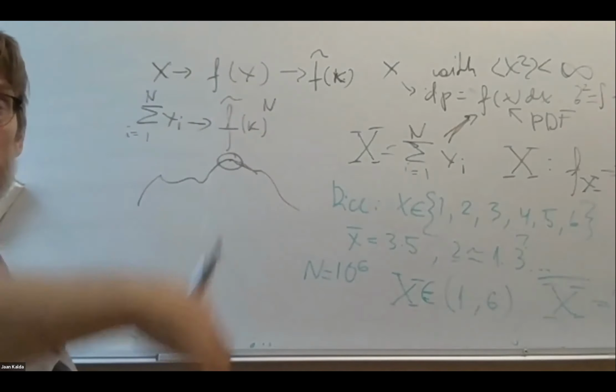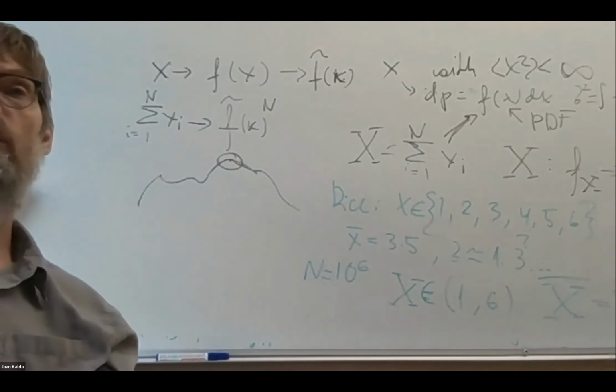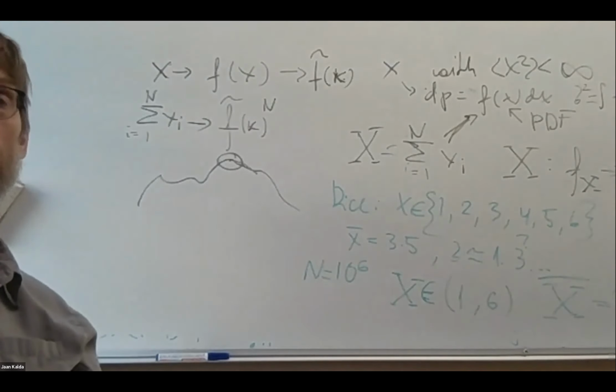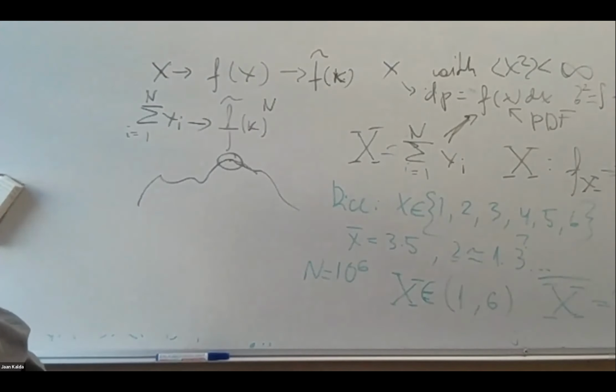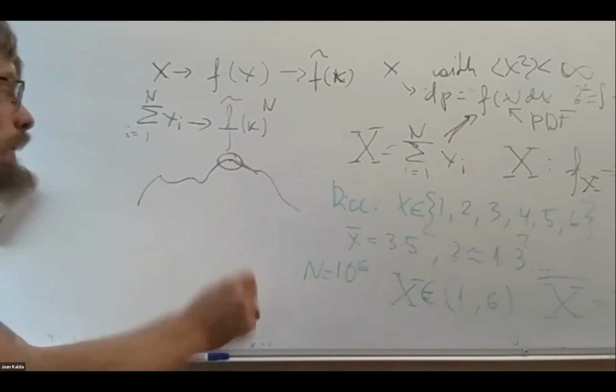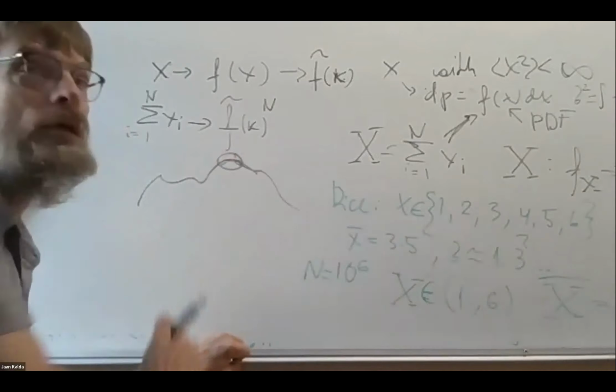If you have 2 to the power of a million and 2.1 to the power of a million, then 2.1 is much bigger, and you can just neglect the 2. So everything else is almost 0 except near the maximum. But near the maximum, you can use Taylor expansion. So near the maximum, this is a parabola.